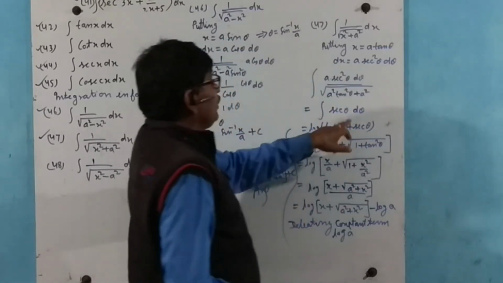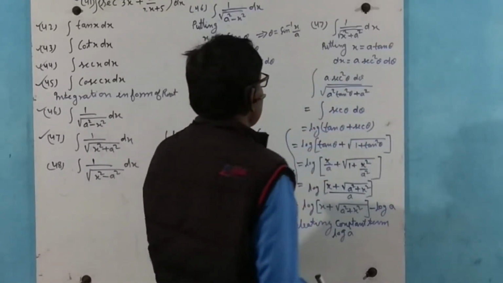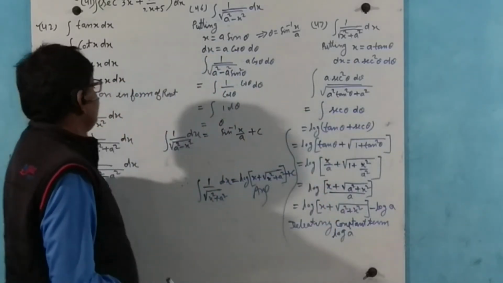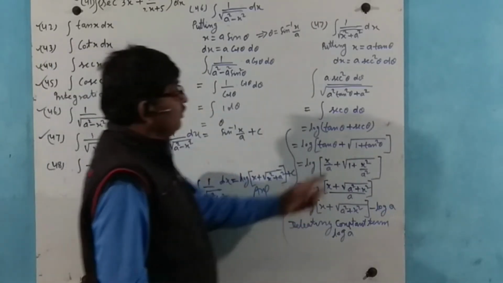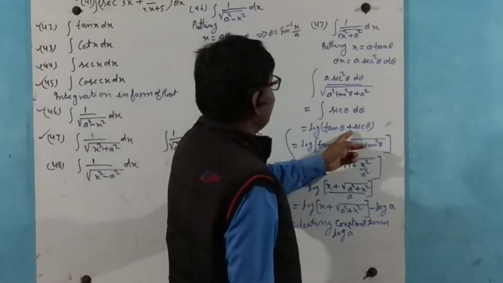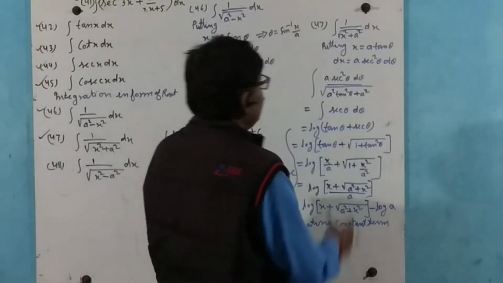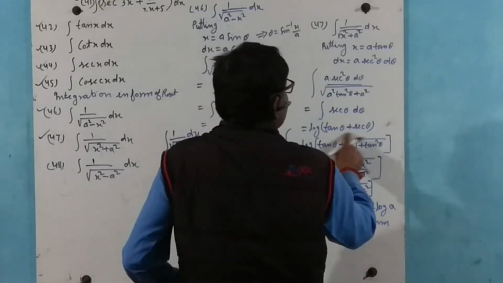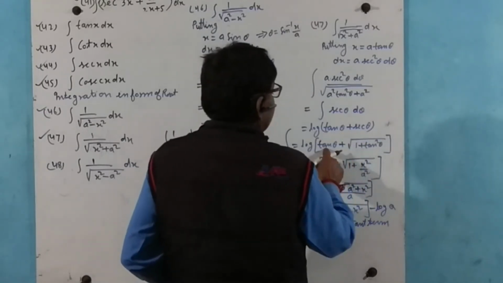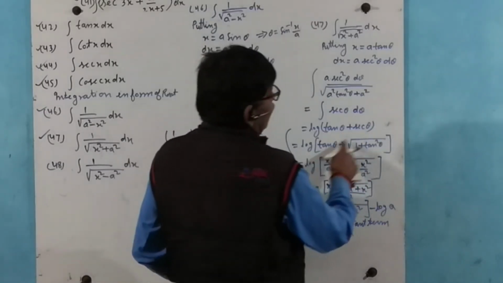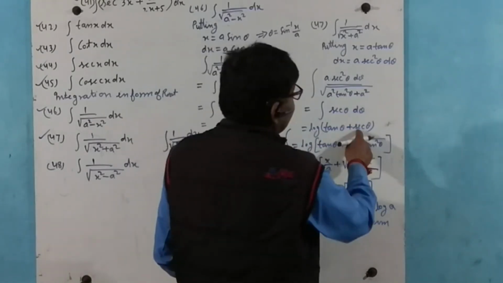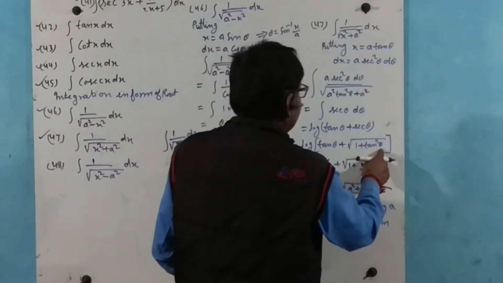As you know, the integration of sec theta equals log of tan theta plus sec theta. Here 1 plus tan square theta equals sec square theta, so sec theta is equal to under root 1 plus tan square theta.